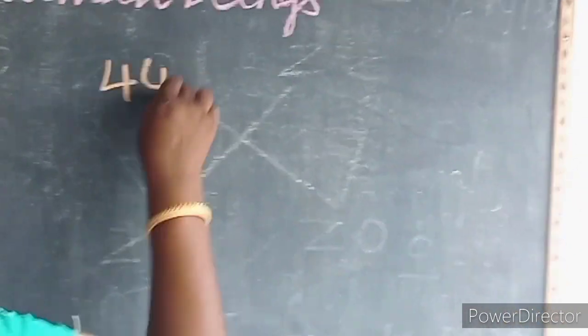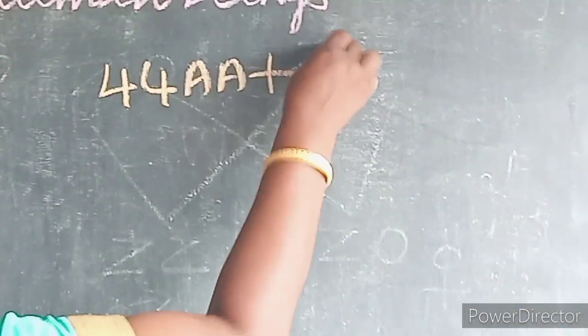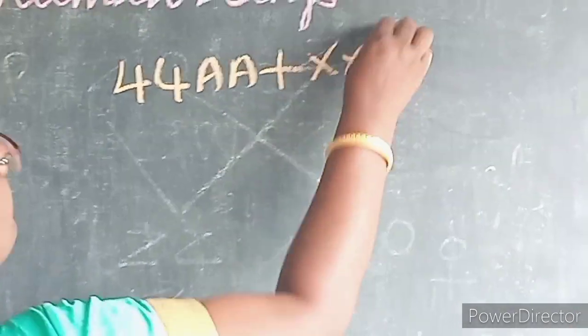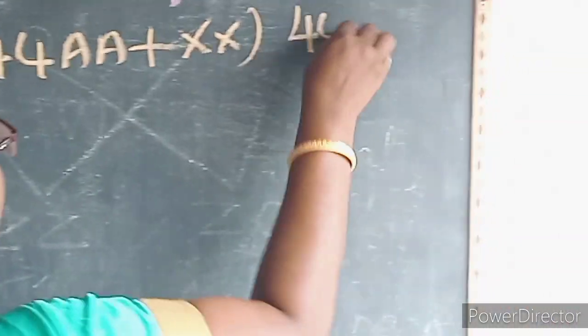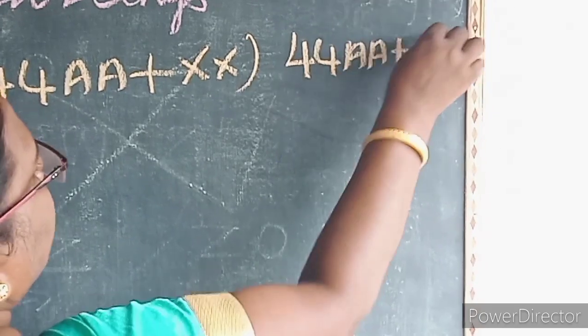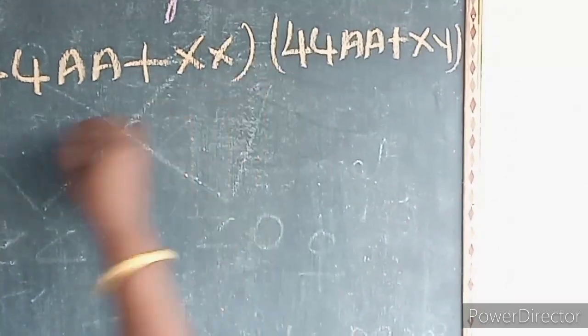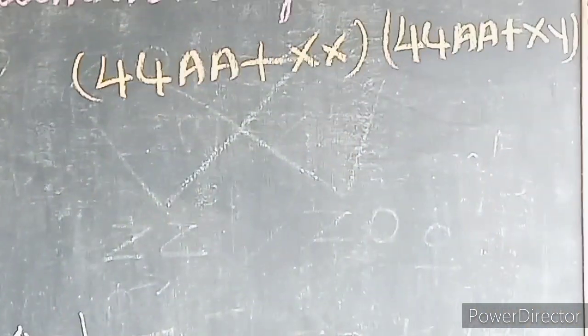So now we see the checkerboard. So 44 autosomes plus XX. Then 44 autosomes plus XY. So during meiosis, it reduces to half.